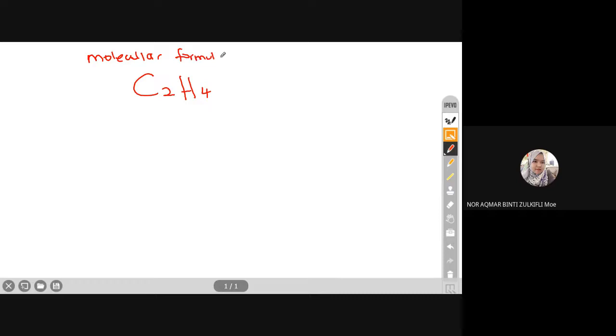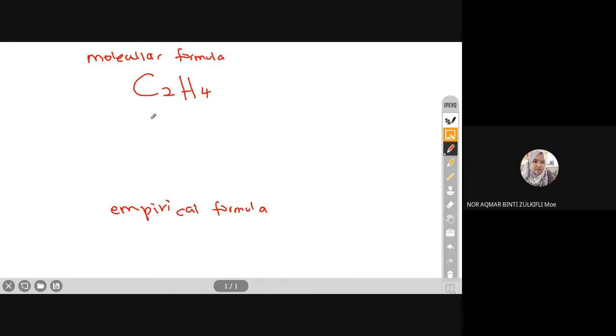Cikgu nak dia punya empirical formula. Siapa tahu jawapan? Okay, cuba respon. Kalau tak, cikgu tak tahu you faham ke tak ni. Okay, baguslah, pandailah. CH2, yes, very good.